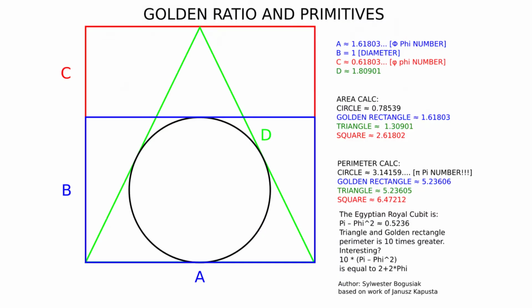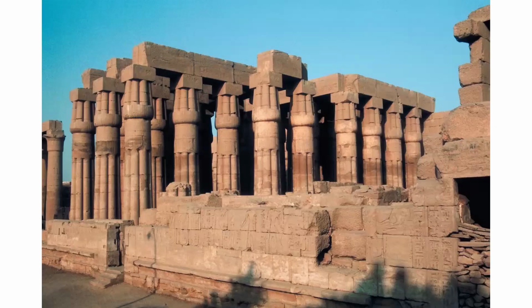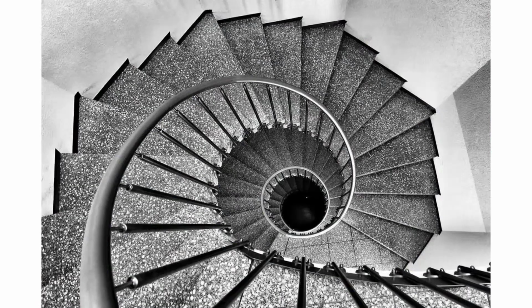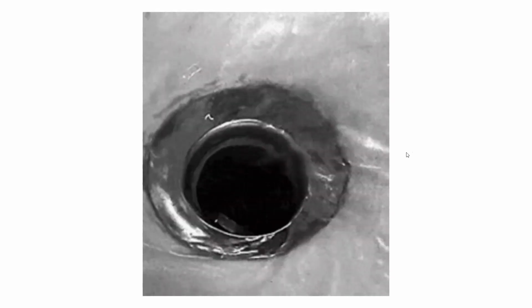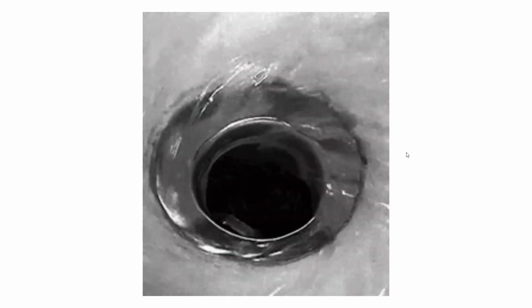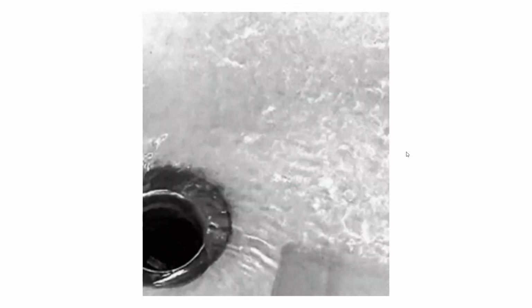The ancients saw it and first discovered the ratio and included it in their architecture. We use it in modern architecture. We see it in nature, in everyday life. Something as simple as how water goes down the drain.